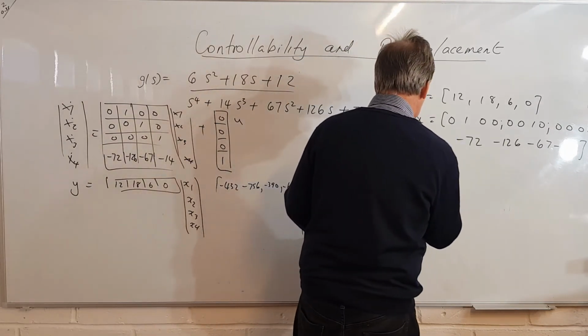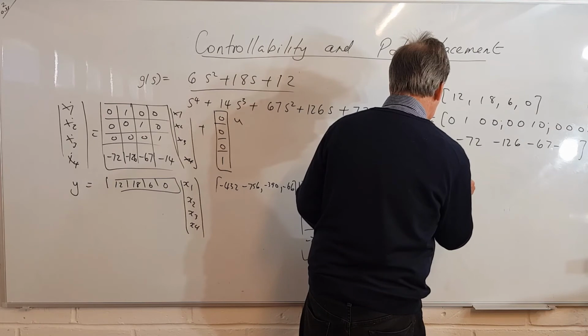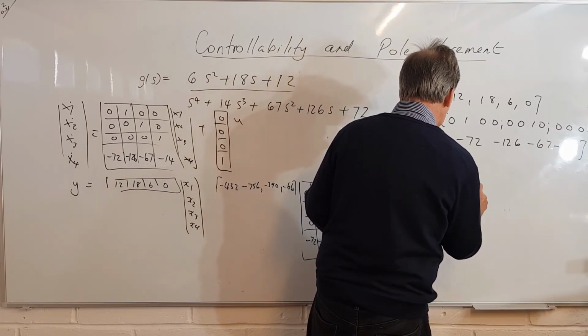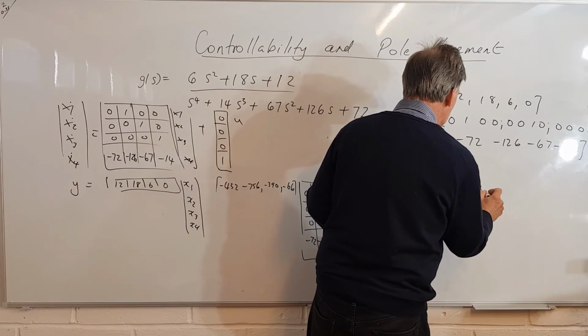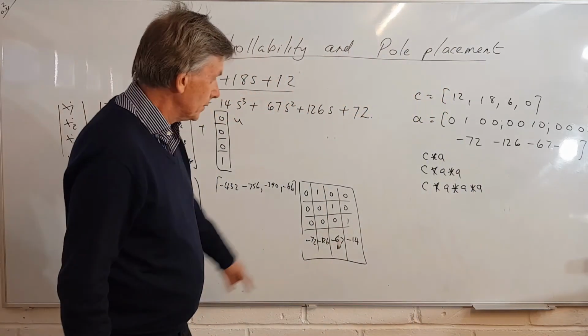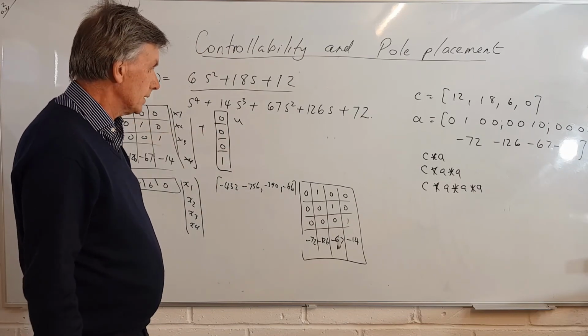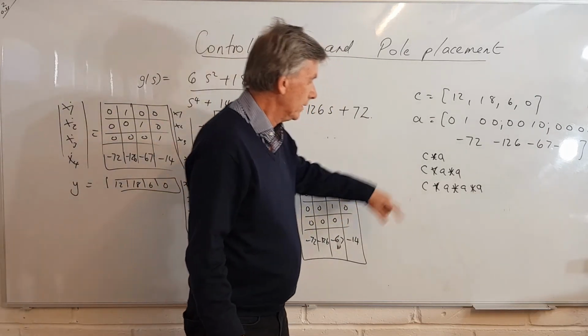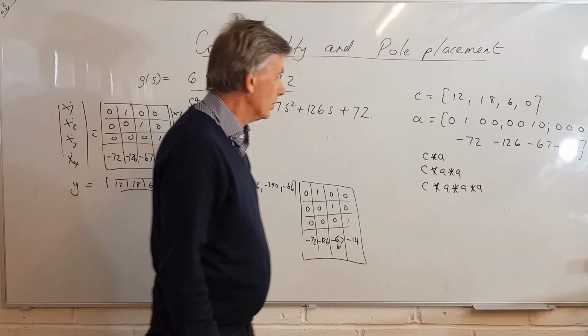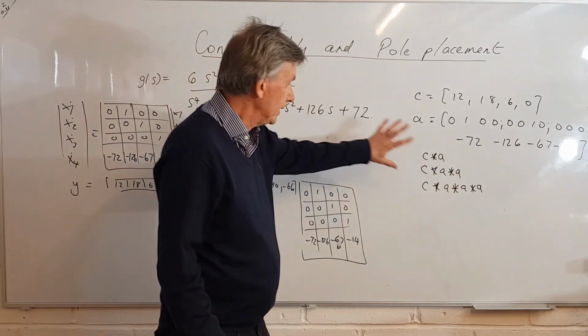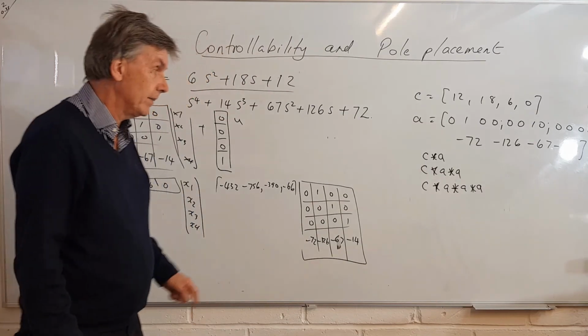Or you could compute C times A, and C times A times A times A. And this would work out then: C times A would give you the second line, CA squared would give you the third line, CA cubed would give you the fourth line. And then you could formulate that into a matrix, as we had there a minute ago.